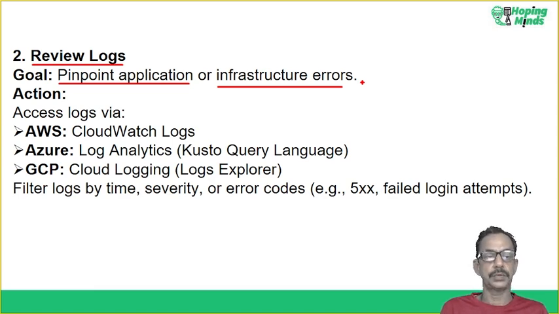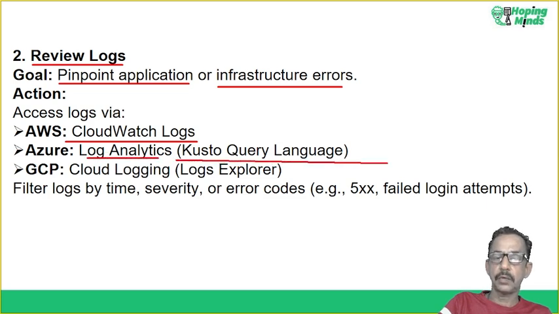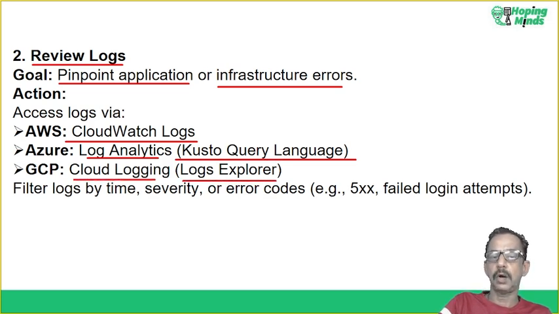We find everything in the logs. Same thing in AWS CloudWatch logs. For Azure, it is Log Analytics with the query language KQL. In GCP, it will be Cloud Logging, using the Log Explorer.